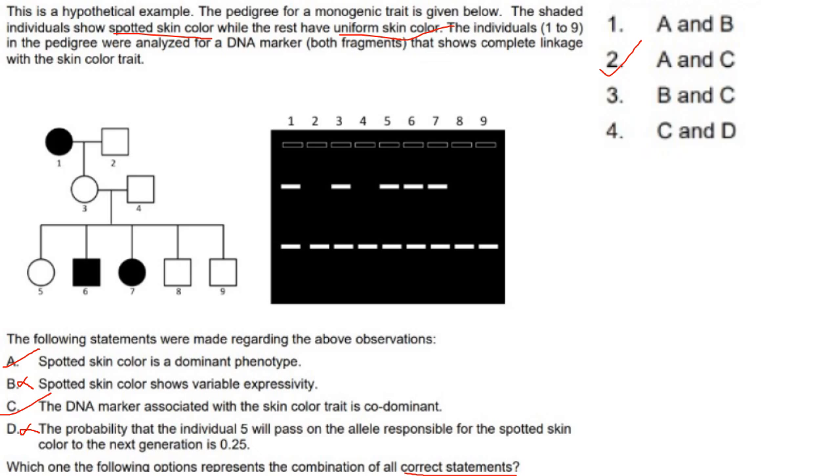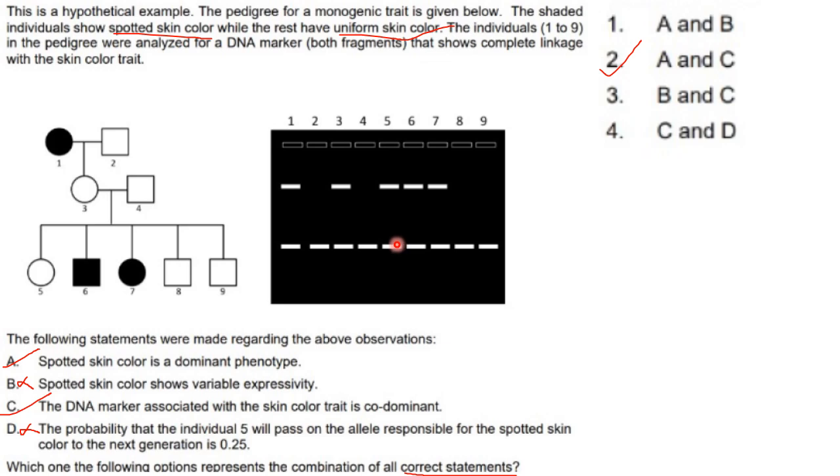So here if you see, 1 is having the disease and it is showing 2 bands. 3 doesn't phenotypically show the disease but it has 2 bands. Similarly, 5 also doesn't phenotypically show the disease, but it shows 2 bands in the DNA marker analysis.